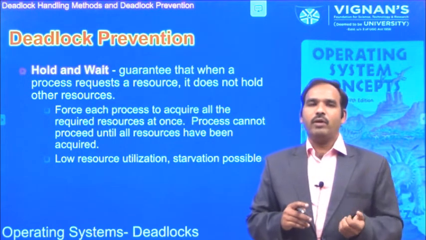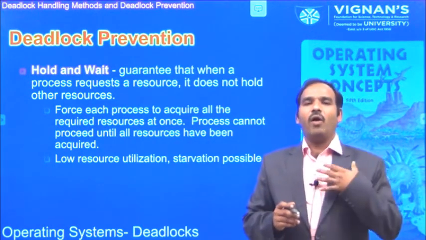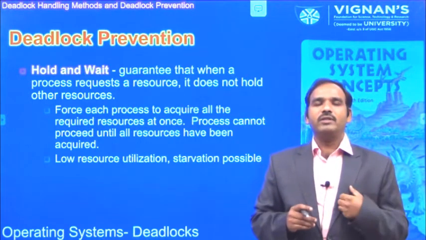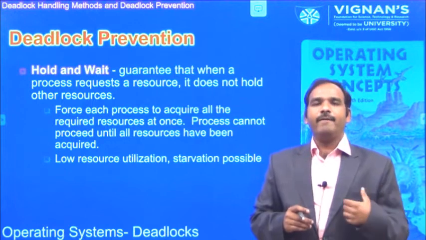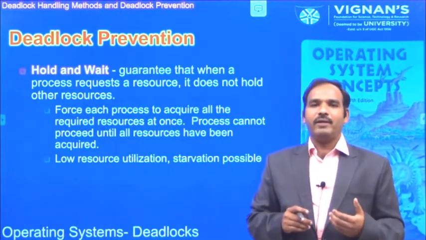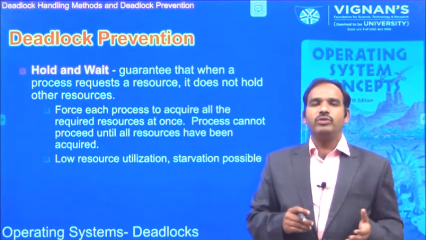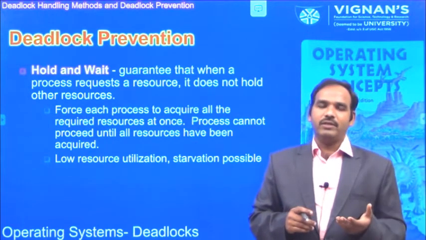In the first protocol, the process acquires all the resources: tape drive, disk file, and printer. Then it uses those resources and completes the execution.